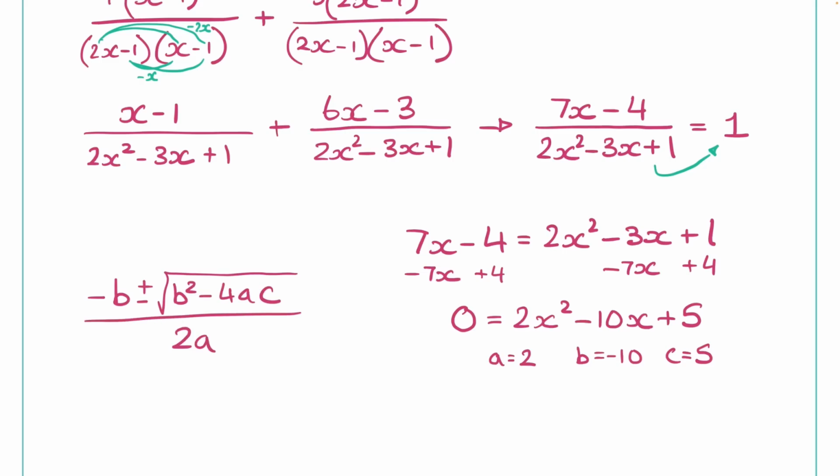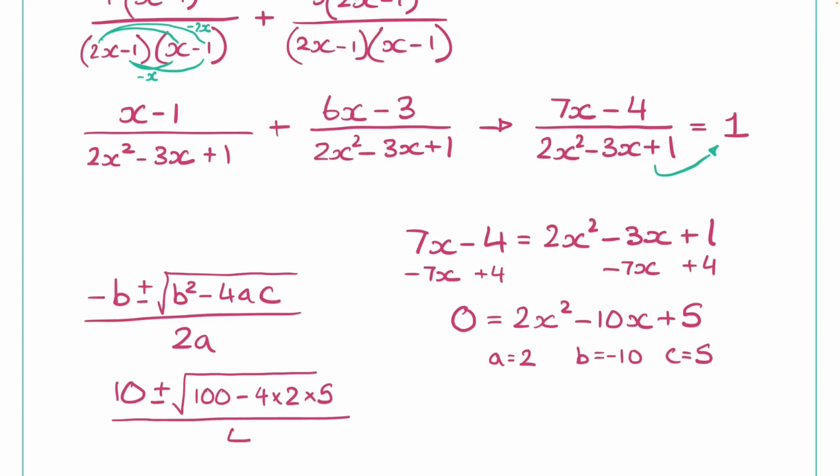I can now substitute these pieces in, so minus b becomes positive 10, so we have plus 10 at the start, plus and minus the square root of, we're going to have 10 squared, which is 100, minus 4 times 2 times 5, and that's all over 4.